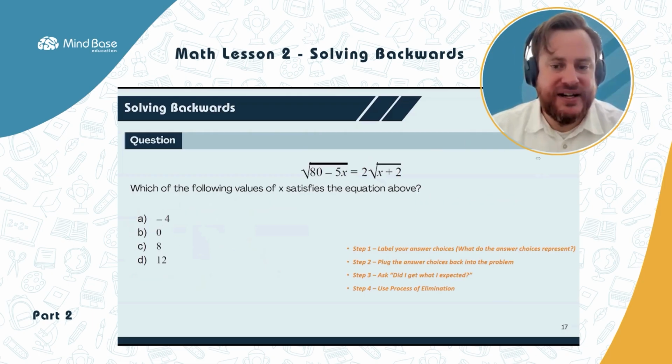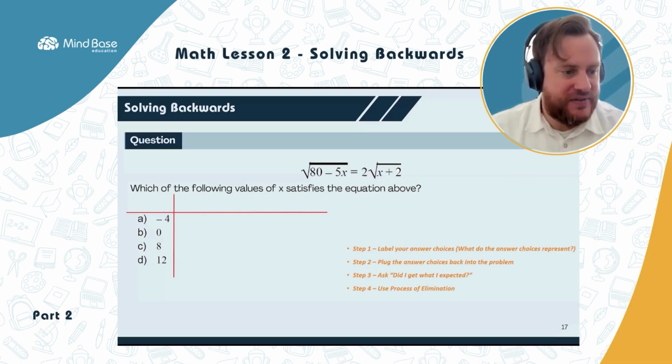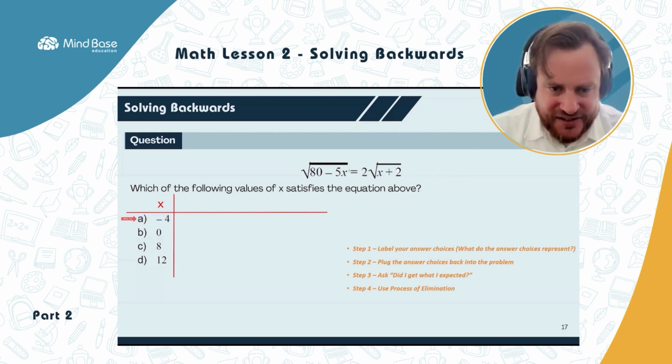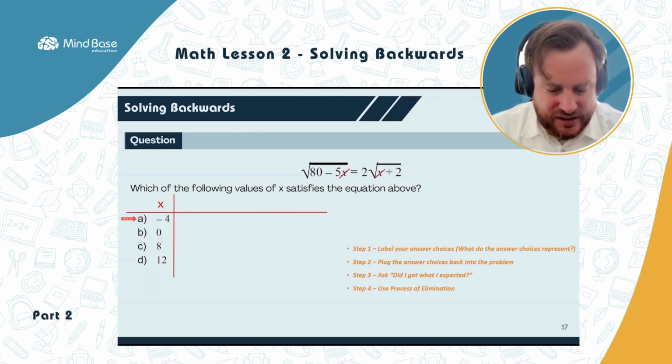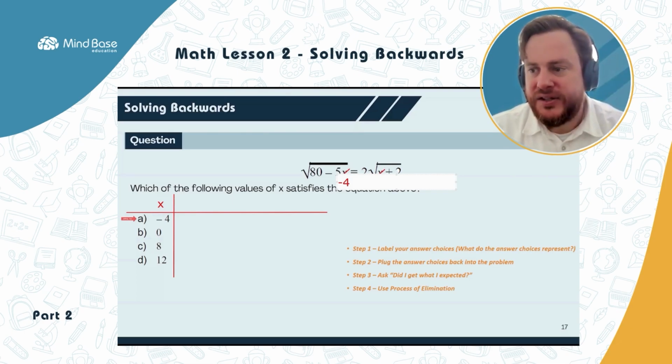Which of the following values of x satisfies the equation above? Step 1, label your answer choices. These answer choices represent values of x. So let's start with answer choice A. Remember, I'm going to replace these x values here with -4. Now, some of you may have already sensed what's going to happen.